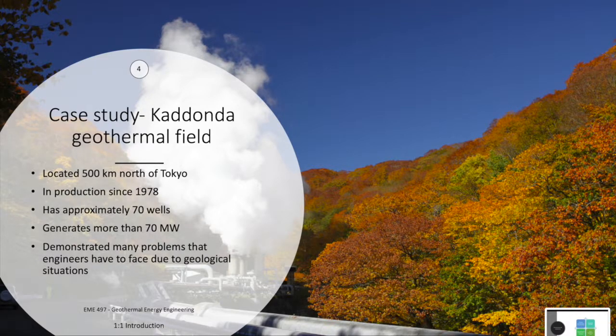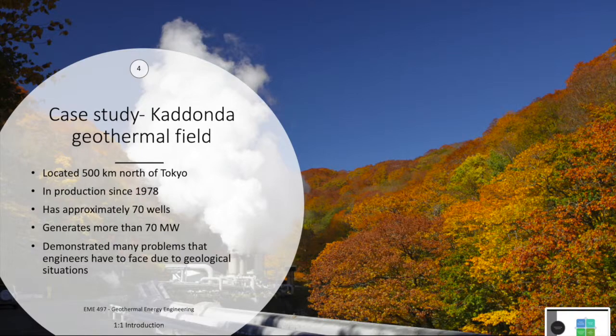The Conda geothermal field has more than 70 wells that have been drilled in the area, and most of these wells reach between a depth of 1,000 meters and 3,000 meters, or 1 kilometer to 3 kilometers. The temperature distribution as a function of depth is variable within these wells.